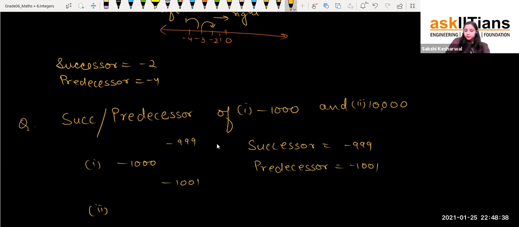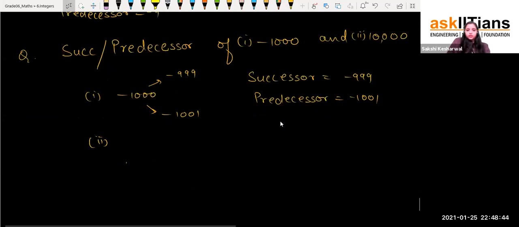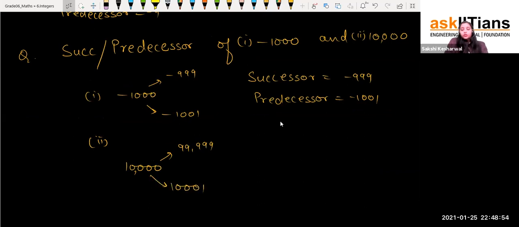Like for 10,000, what is the number just below it? It will be 9,999, and just above it will be 10,001. So we know that 9,999 is lesser than 10,000. So this will be the predecessor and this will be the successor.